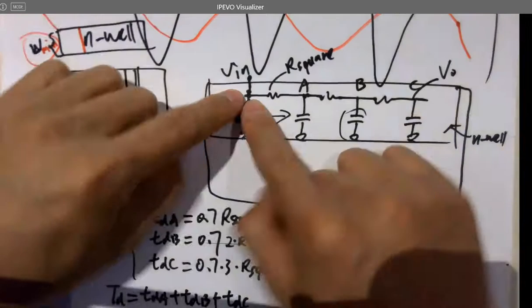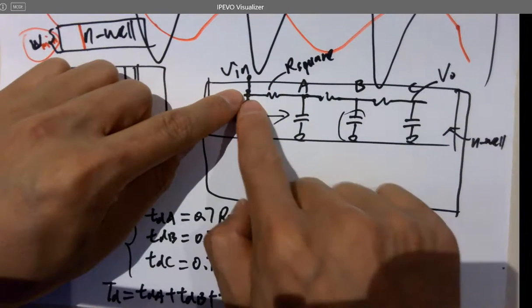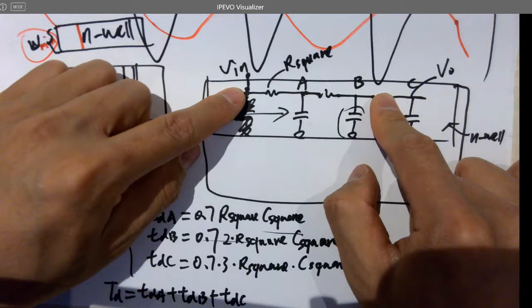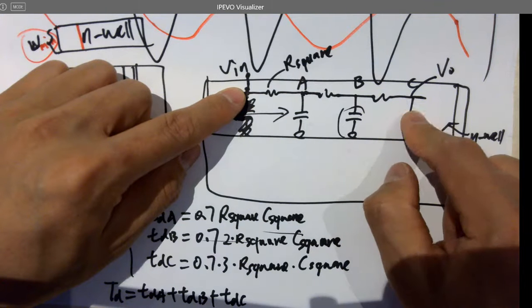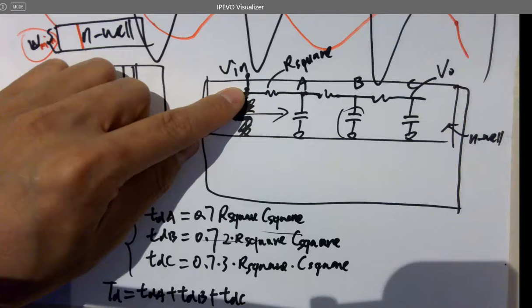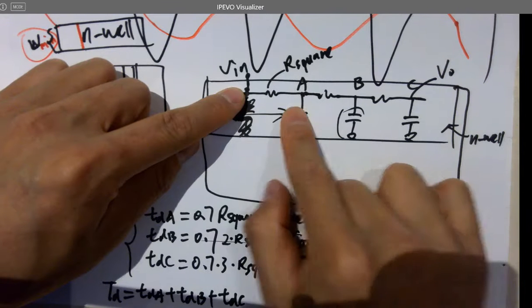Same for this one. The time delay TDC from here to here, I'm just looking at the 3 resistors and this cap. So that's why it's 0.7 times 3 times R squared times C squared, but not looking at these 2 caps.